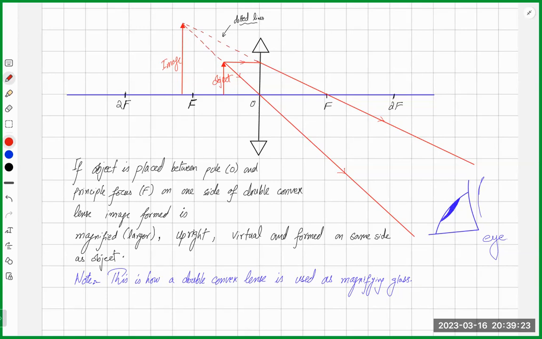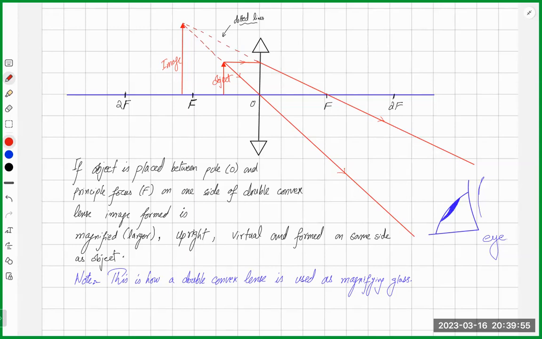You can see it, but cannot produce this image on a screen. A magnifying glass is a double convex lens, so when you use one, you're actually seeing a virtual large image. And to make that image, the object you're looking at has to be between F and O.